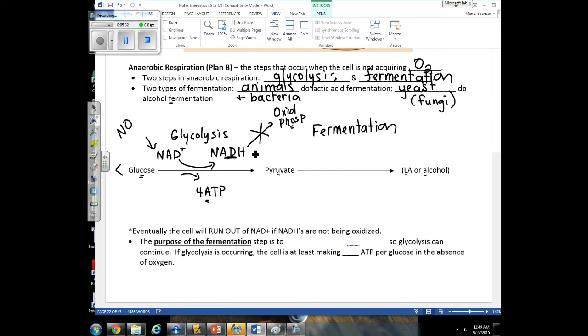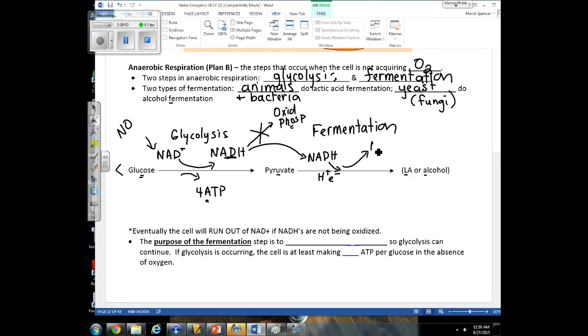So in fermentation, these NADH molecules are going to be oxidized. They're going to donate their hydrogens and their electrons to pyruvate. And in that donation, we're getting the creation of lactic acid or alcohol.